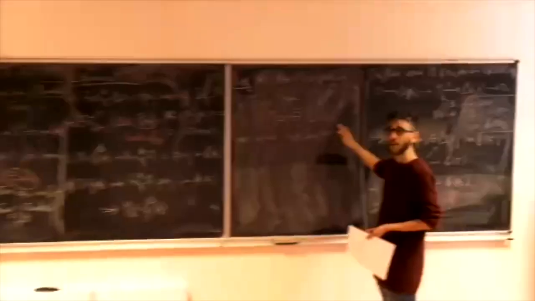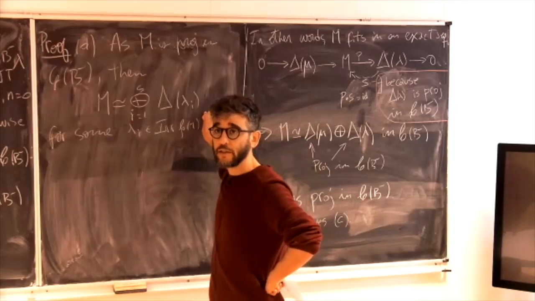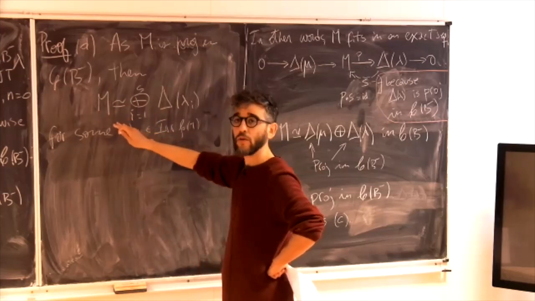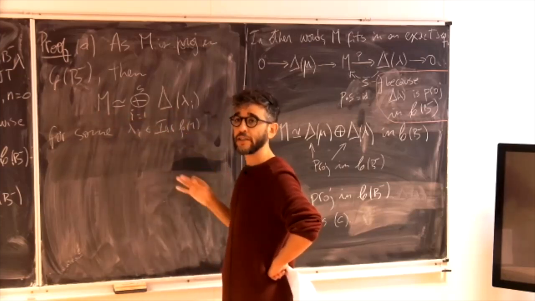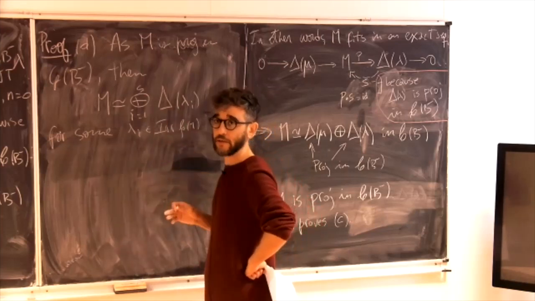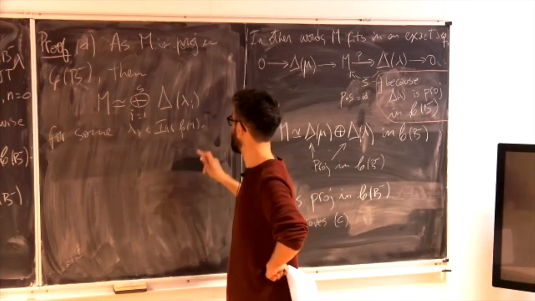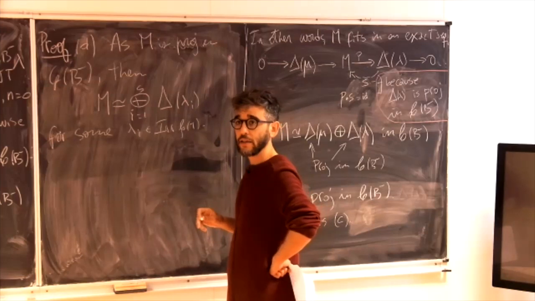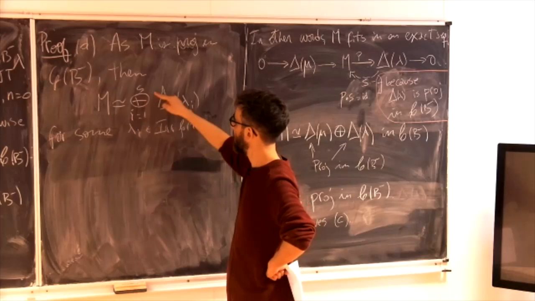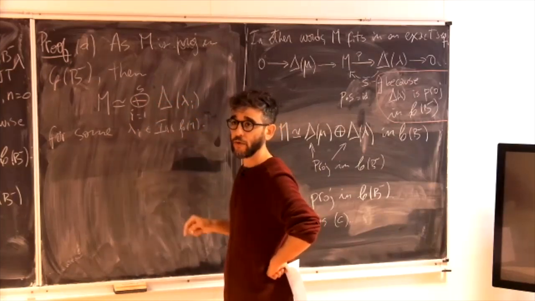This is because the standard modules are the projective covers of the simples, so every projective module decomposes as the direct sum of projective covers. This is the first thing that we can say, and the proof of this part of the lemma will be by induction on how many direct summands we have here.